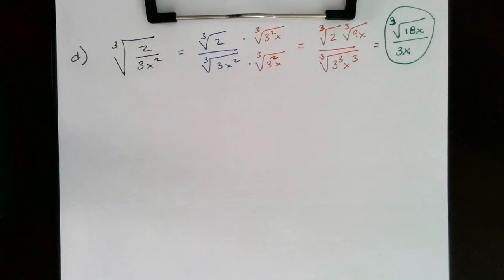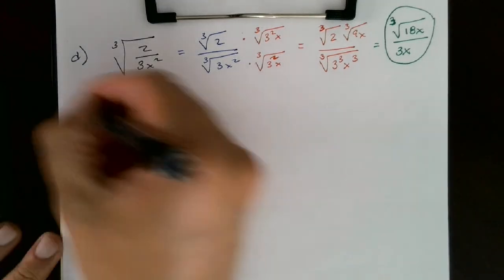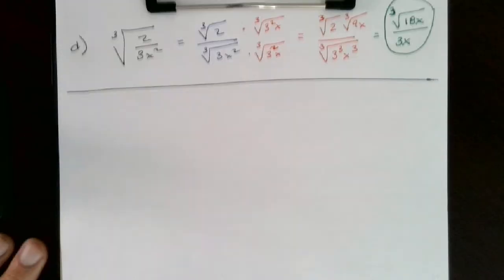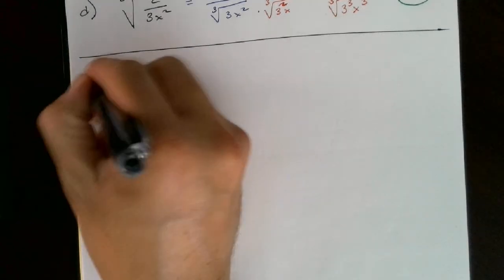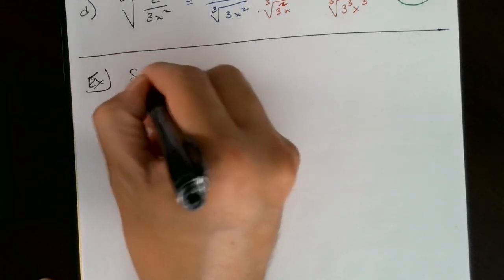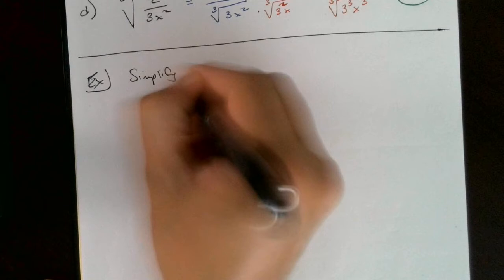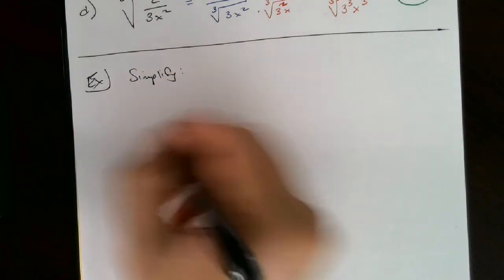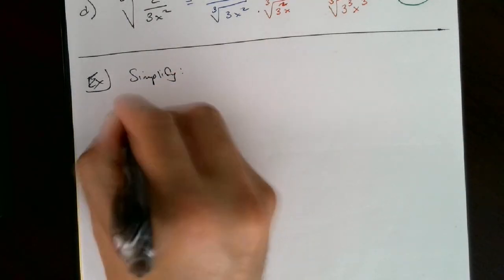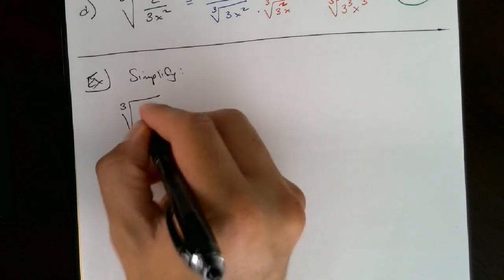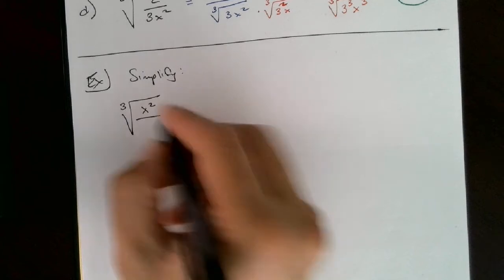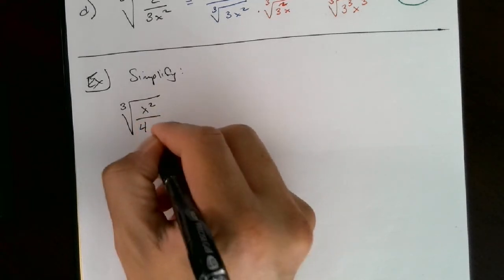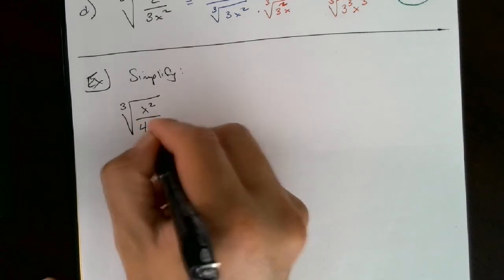Let's take a look at a different type of example here. So remember, you're always simplifying at the end if you can. If I said to simplify this one here, if I said I had the cube root of x squared over 4z.